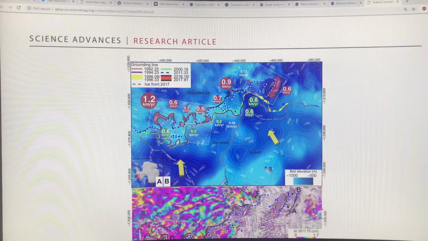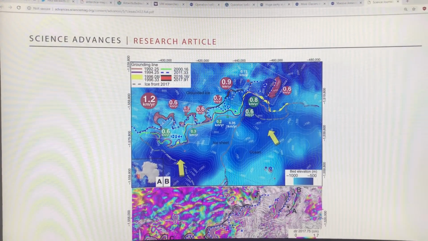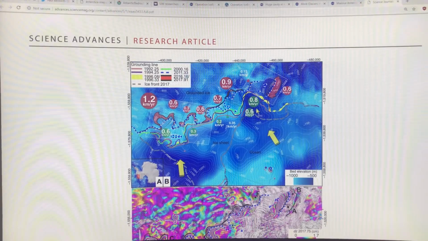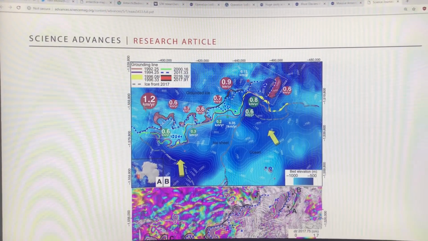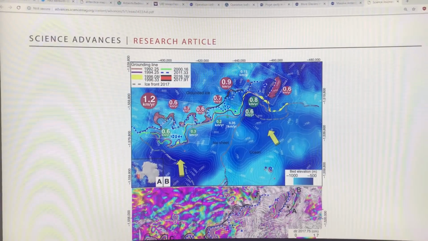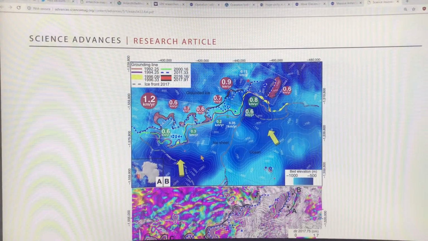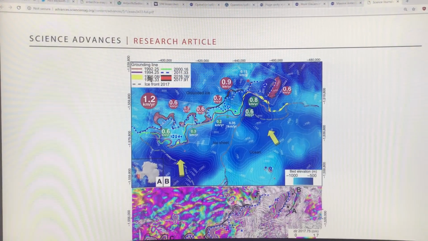The 0.3 here is similar here, and over here you can see these retreat rates, this is of the grounding line. The grounding line has moved in these two time periods. What you can also see is where the grounding line is.